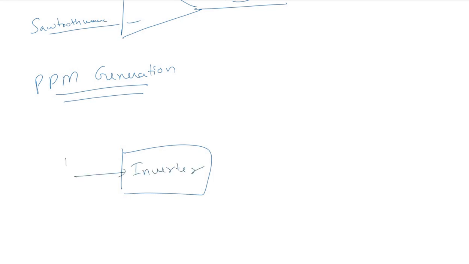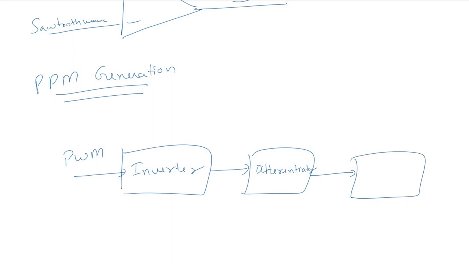If we give input as PWM, the second block is a differentiator, and the third block is a positive edge triggered pulse generator, and the resultant will be a PPM.